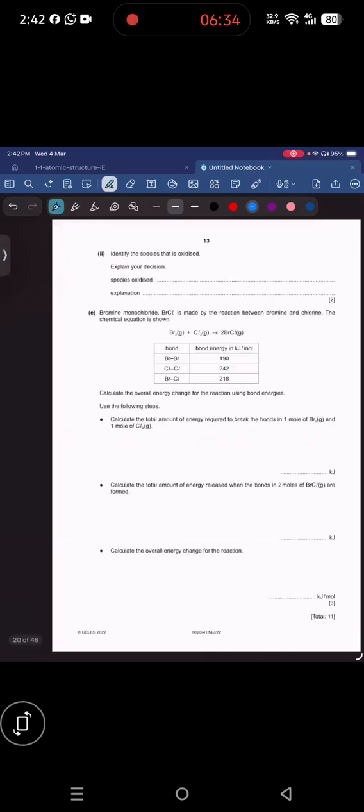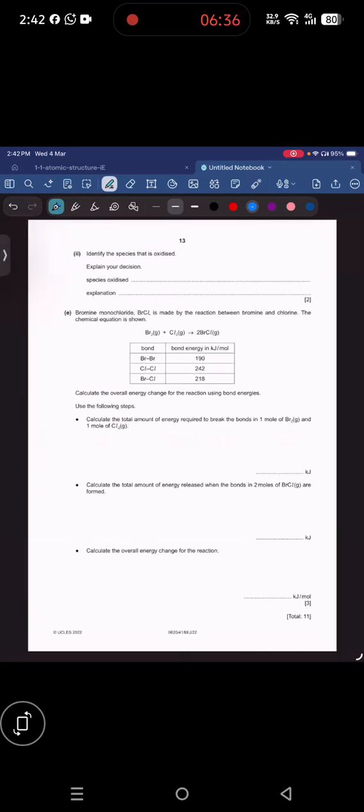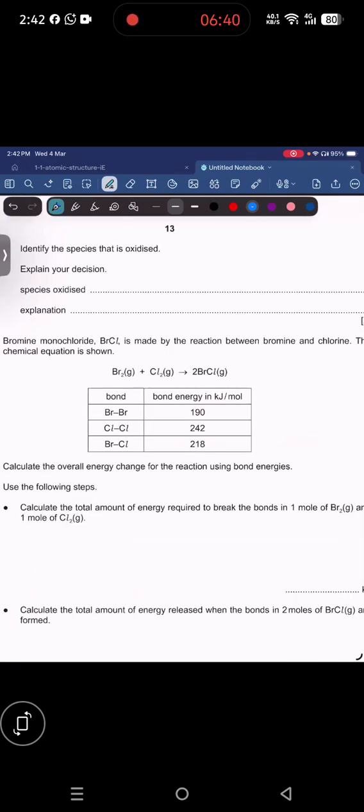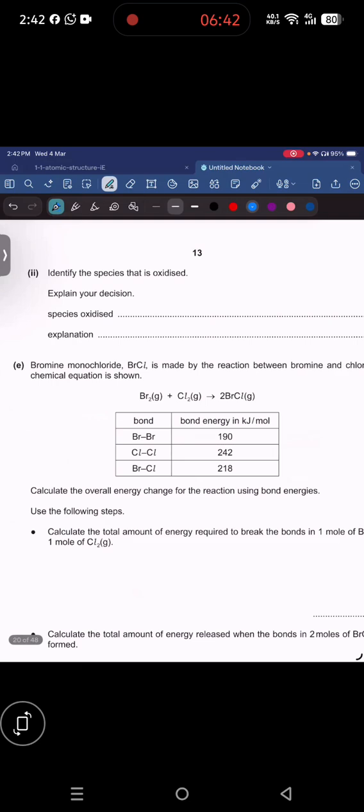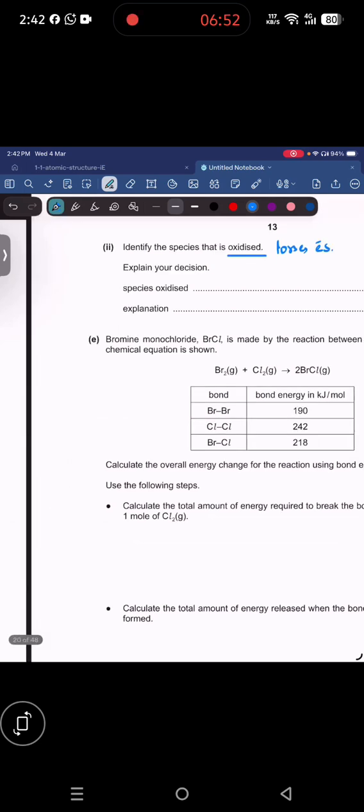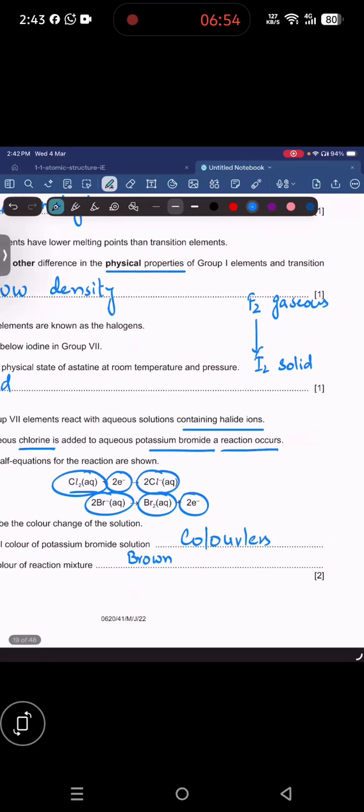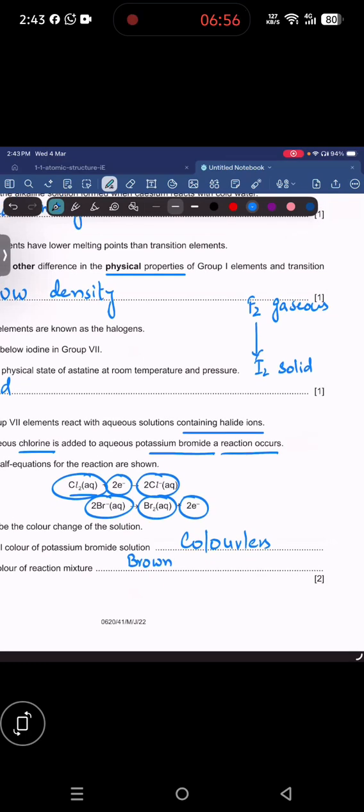Now the next question. Identify the species that is oxidized. Oxidized is that species which loses electrons. So if we go back here, on the product side you have an electron. Whenever you have an electron on the product side, that means electrons are lost.